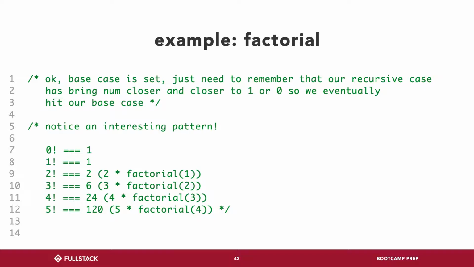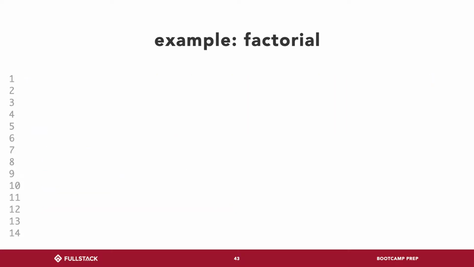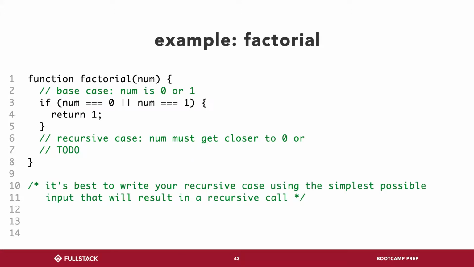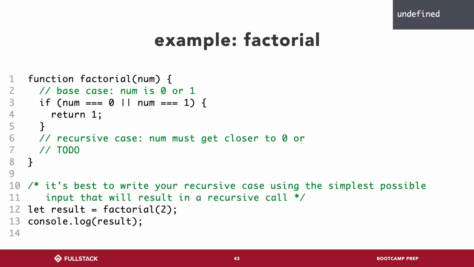Okay, base case is set. Just need to remember that our recursive case has to bring our number closer and closer to 1 or 0, so we eventually hit our base case. Notice an interesting pattern. So, if we do let result is factorial of 2, and you console log result, you get undefined, right?